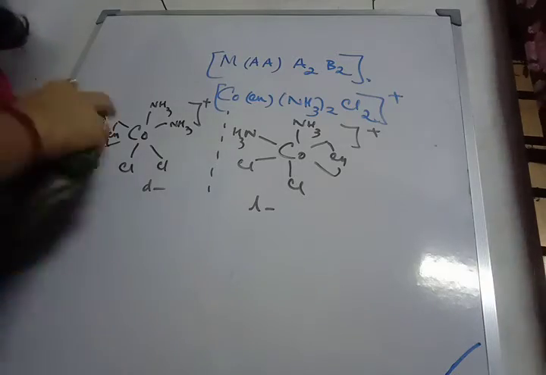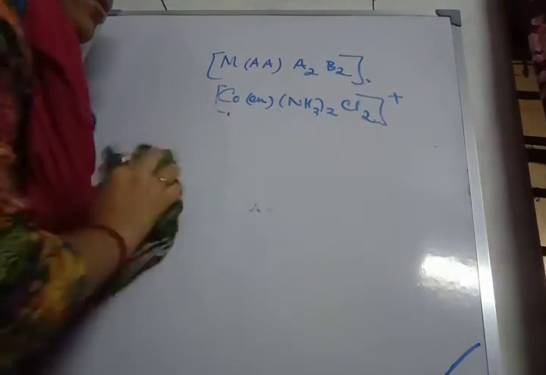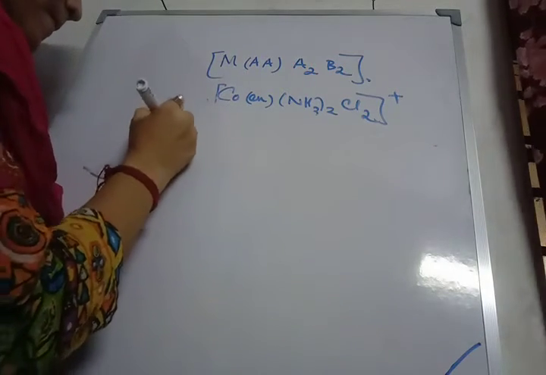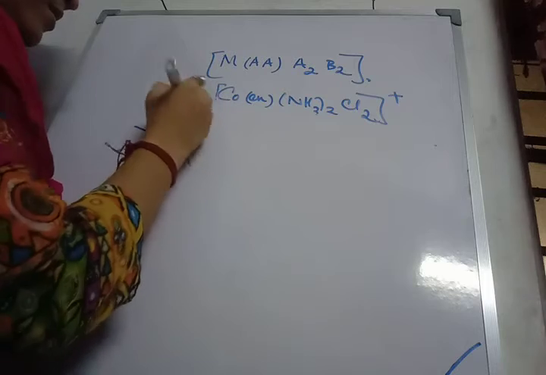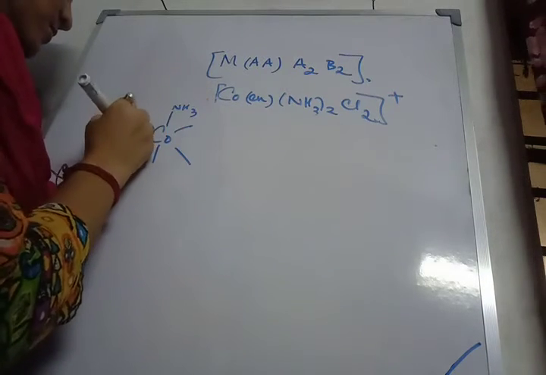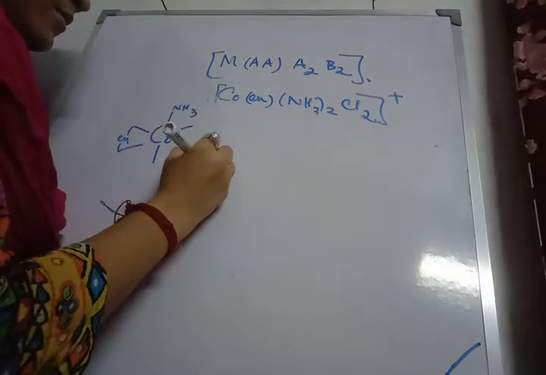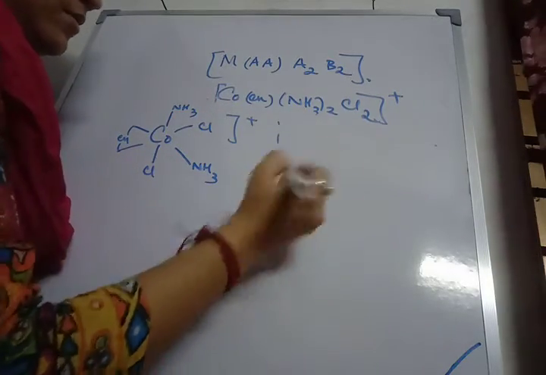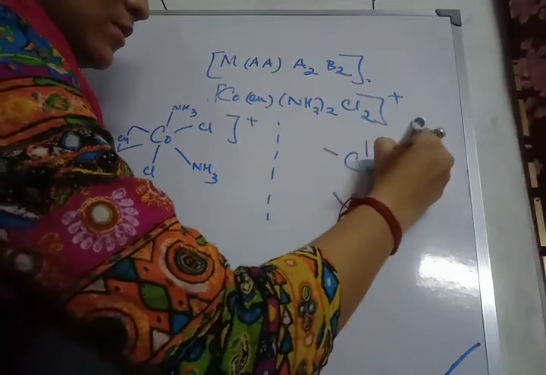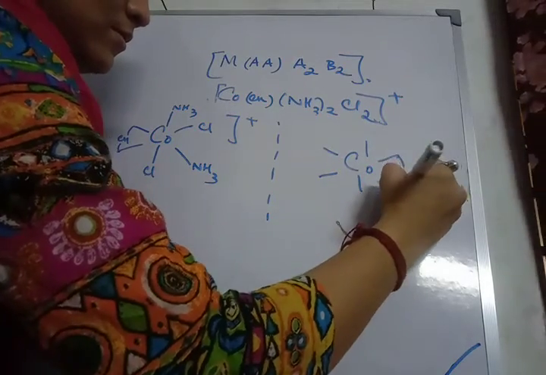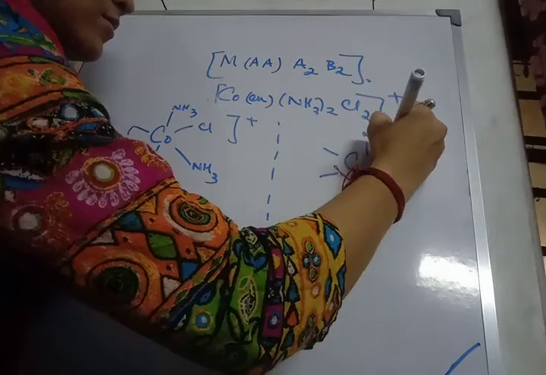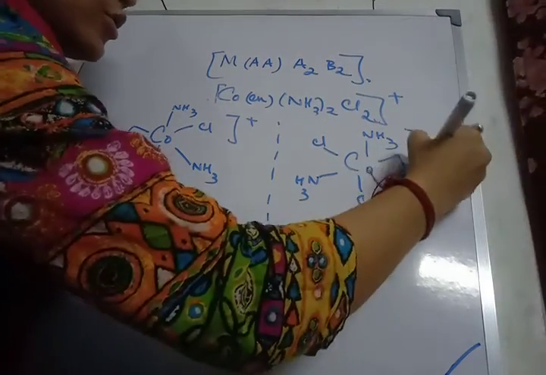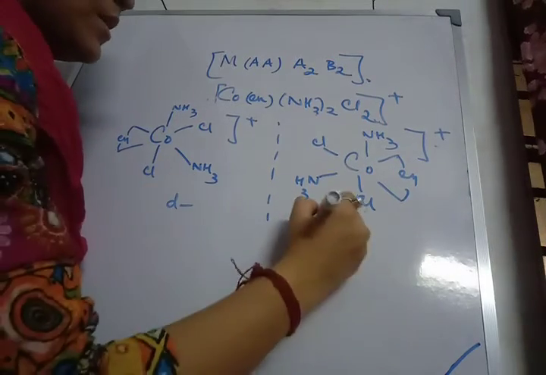Next cis form. Next cis form is this one. Overall charge positive. This is D form, this is L form.